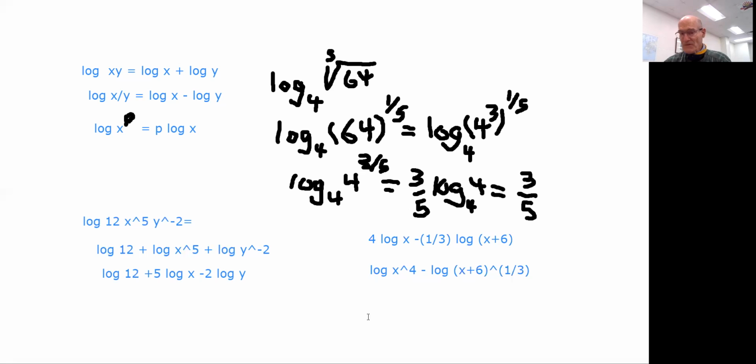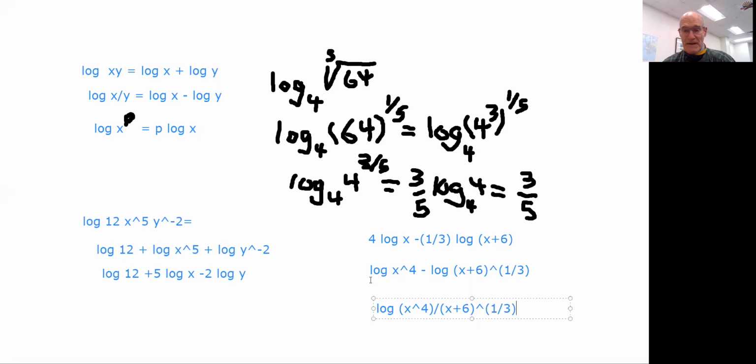So my final answer here is the log of parentheses x to the 4th on the top divided by x plus 6 to the 1/3 power on the bottom.